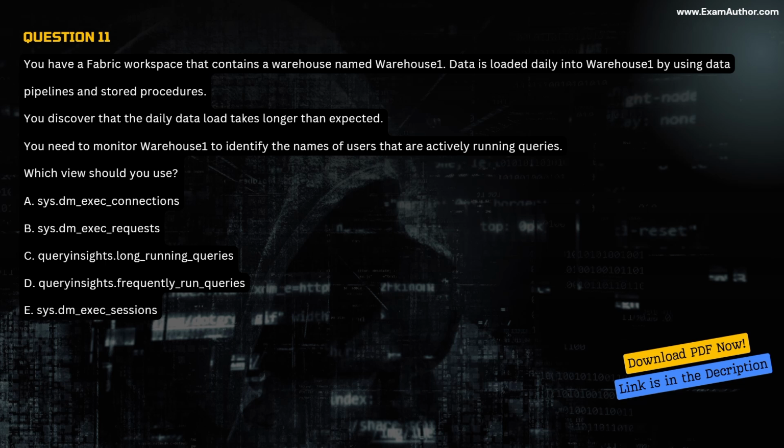You need to monitor Warehouse 1 to identify the names of users that are actively running queries. Which view should you use? A. sys.dm_exec_connections. B. sys.dm_exec_requests. C. queryinsights.long_running_queries. D. queryinsights.frequently_run_queries.